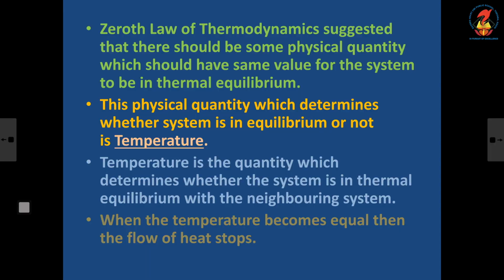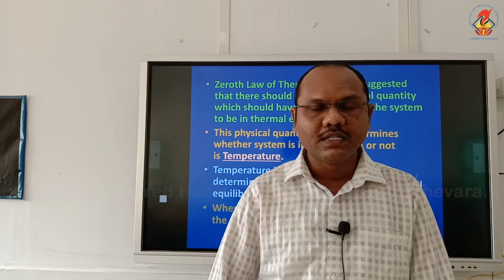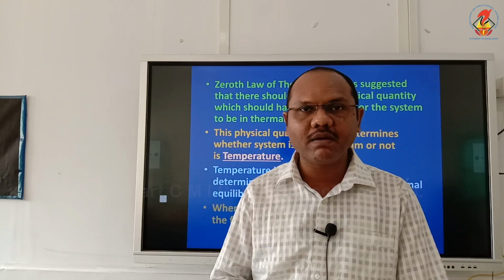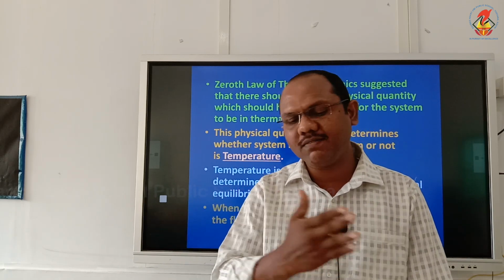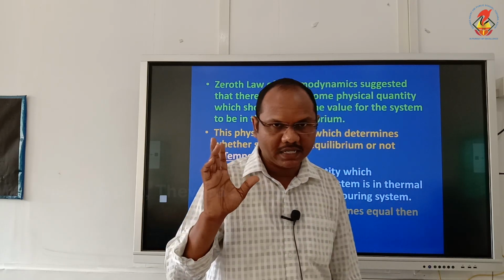The zeroth law of thermodynamics suggests that there should be some physical quantity which has the same value for systems to be in thermal equilibrium. That physical quantity is temperature.